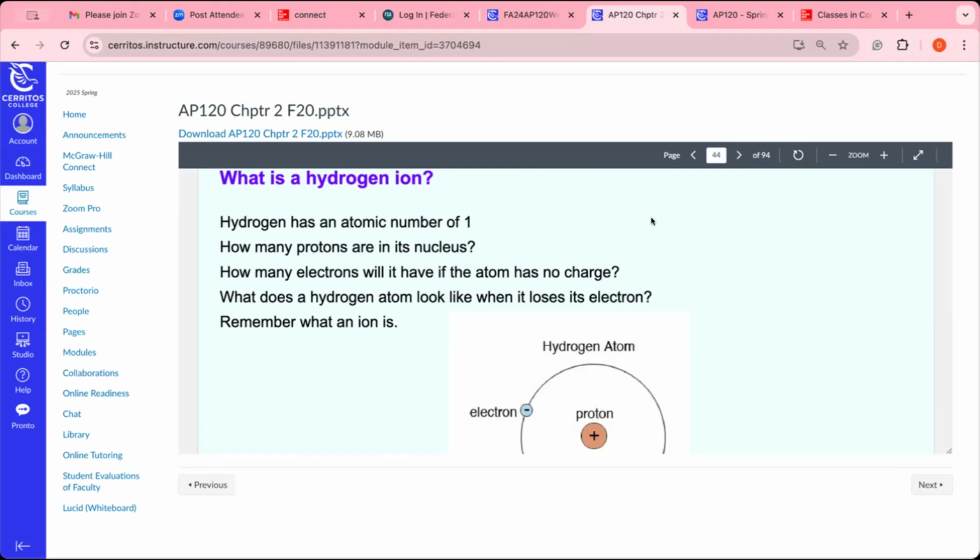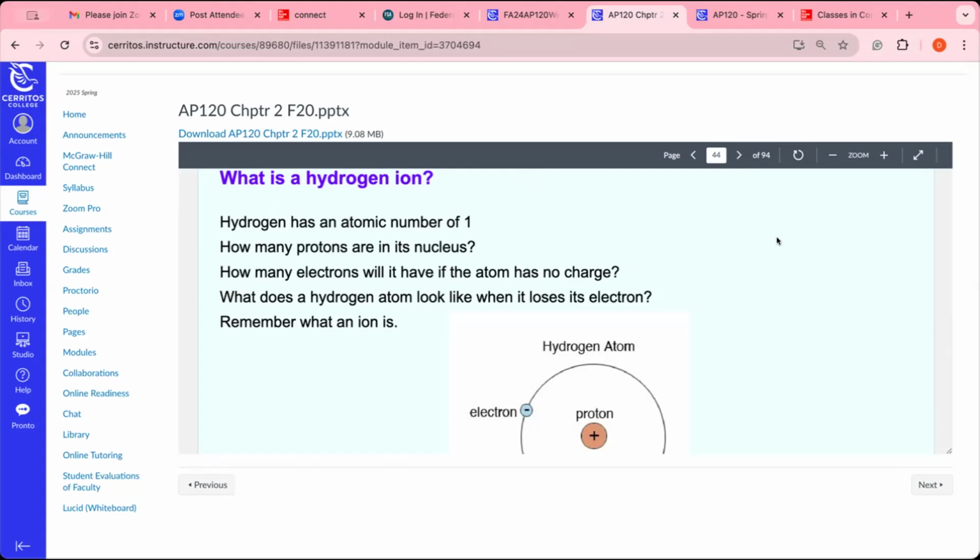How many electrons will it have if the atom has no charge? So if the atom is neutral, how many electrons do you need to make it have a 0 charge? I think it would be 0.